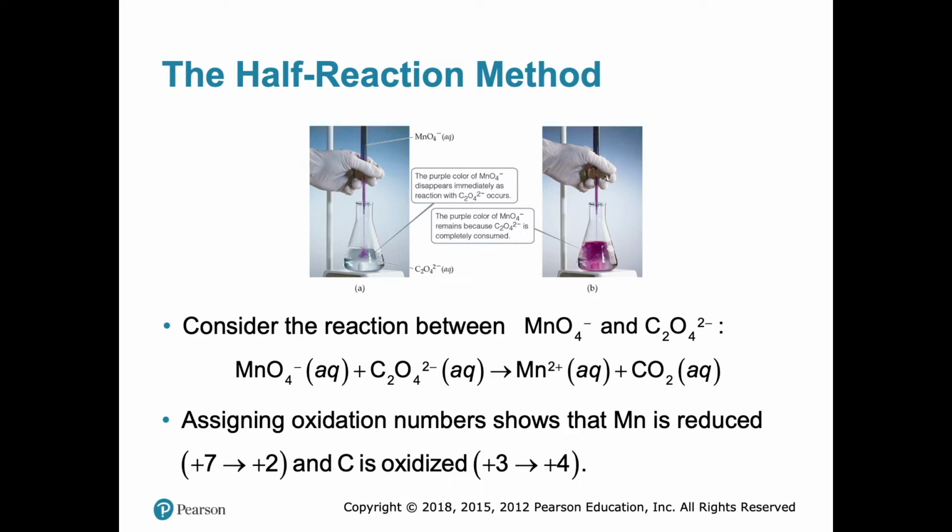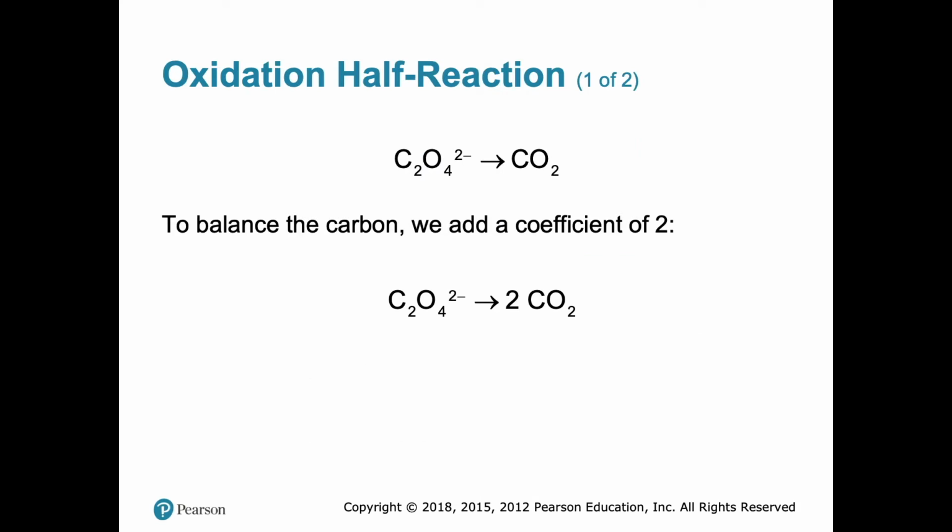So let's go ahead and split them up into the half reactions, right? So here we have the oxidation half reaction. Oxalate becomes carbon dioxide. And so the first step was to do what? Balance everything but the oxygens and hydrogens, right? So we have a single carbon on the right side.